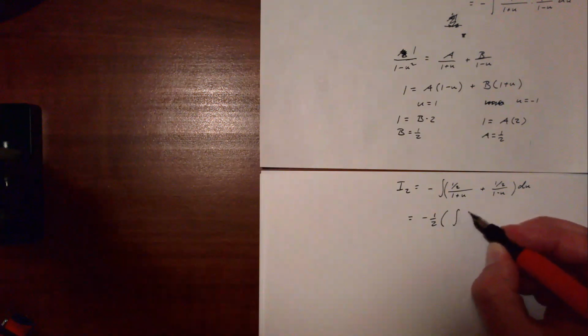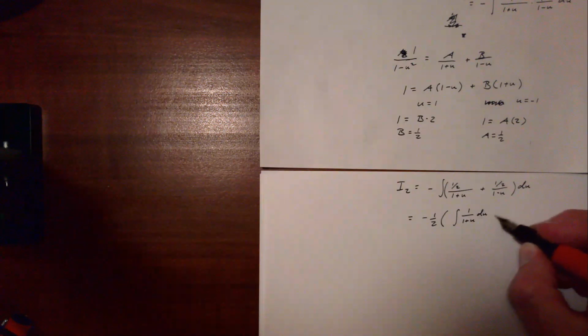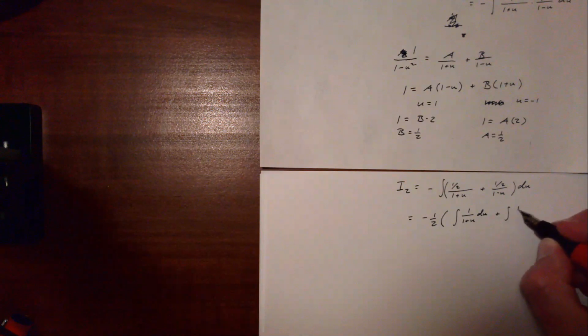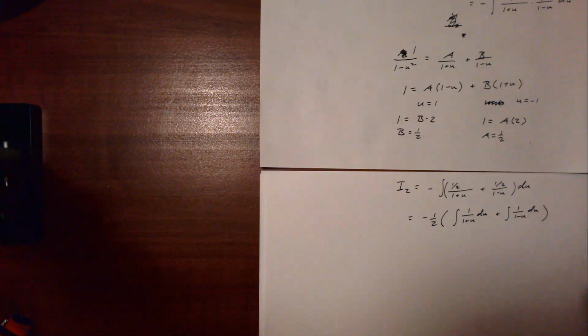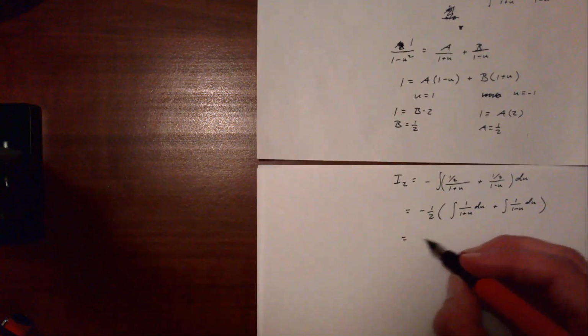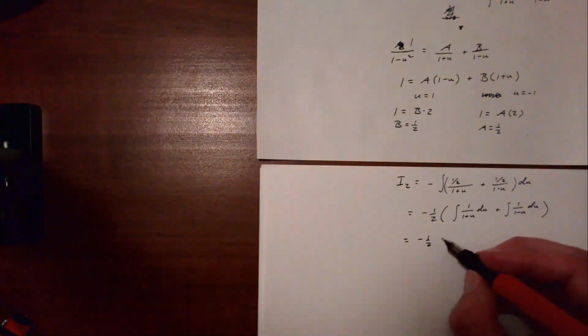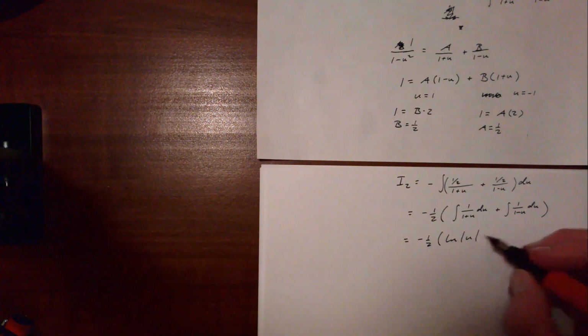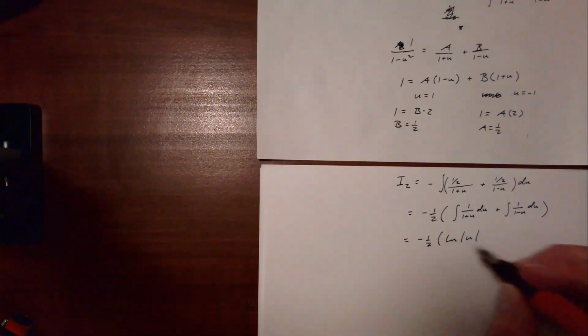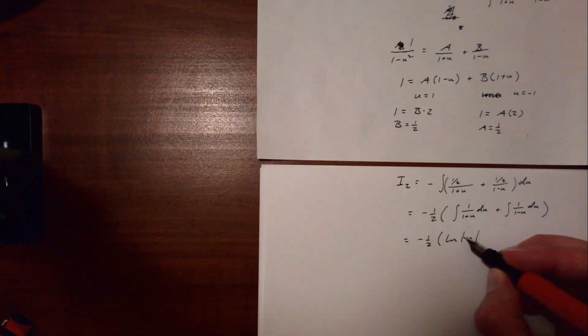So here, I'll just put it piece by piece here. And then plus the integral of 1 over 1 minus u du, which is equal to negative 1/2 times, and what we'll have here is just going to be equal to the natural log of the absolute value of u, and what we'll have here is going to be the natural log of the absolute value of 1 plus u.